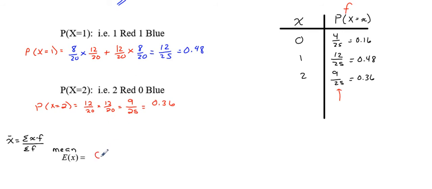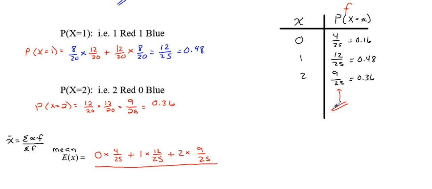So an outcome of 0 red marbles has a frequency of 4 over 25, plus an outcome of 1 red marble has a frequency of 12 out of 25, and an outcome of 2 red marbles has a frequency of 9 out of 25. And this is all divided by the sum of the frequencies.